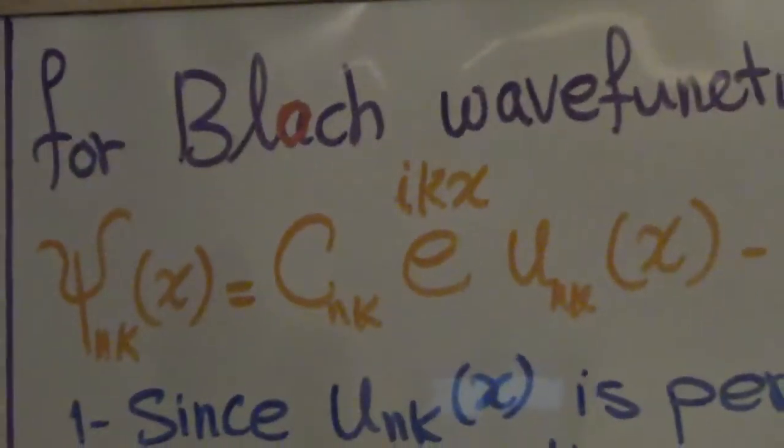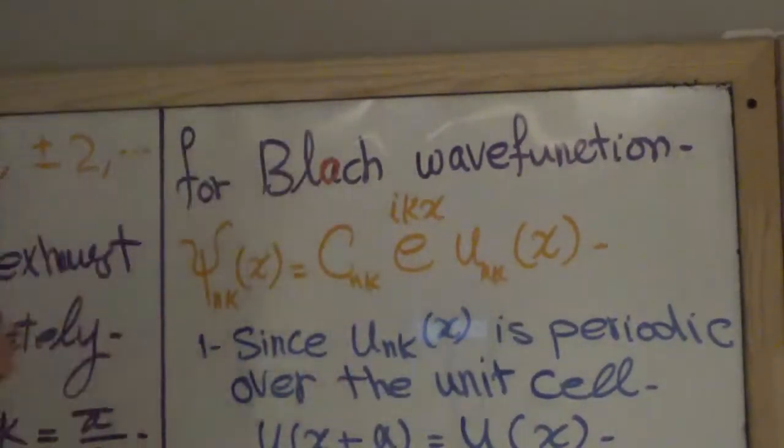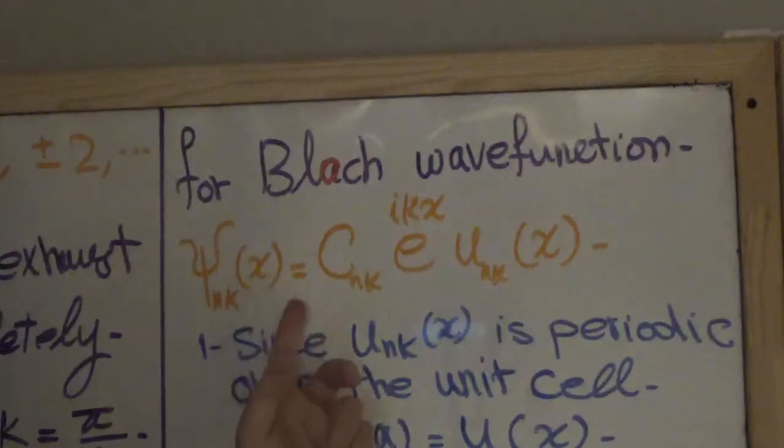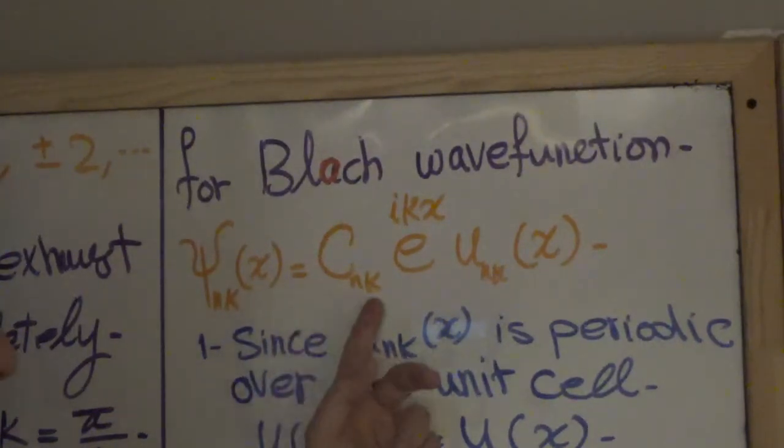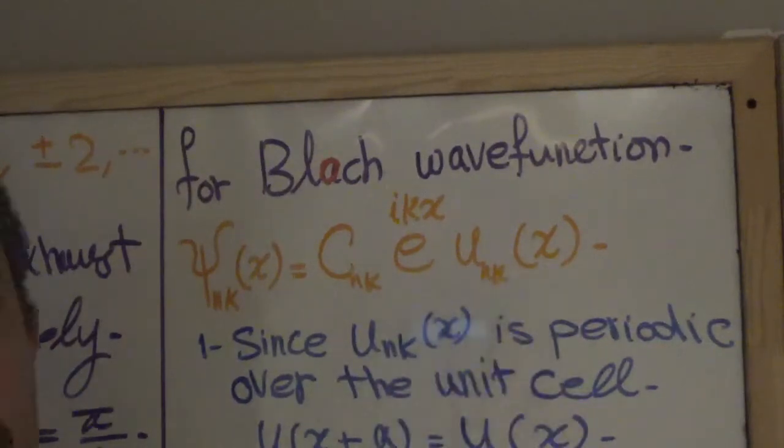So psi_nk as a function of x is equal to c_nk exponential ikx u_nk as a function of x. So this is the Bloch wave function.